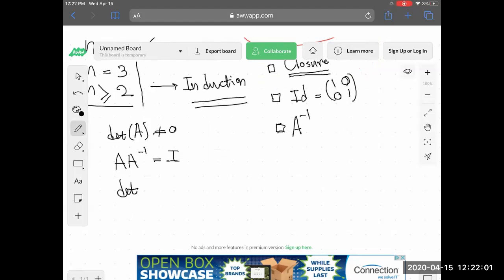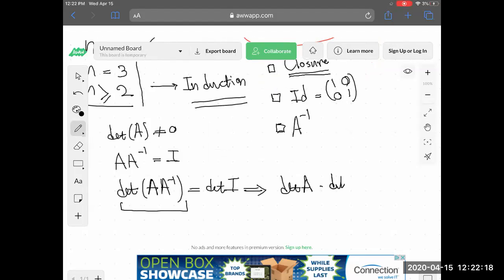So determinant of A times A inverse is equal to determinant of I. But as we saw earlier, that is determinant of A times determinant of A inverse. And determinant of the identity matrix is just 1.